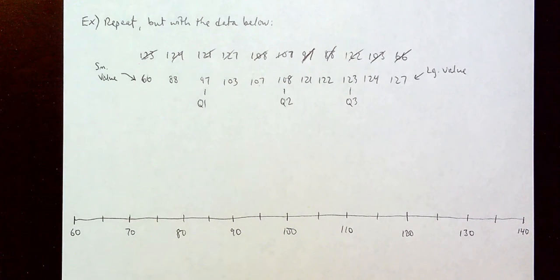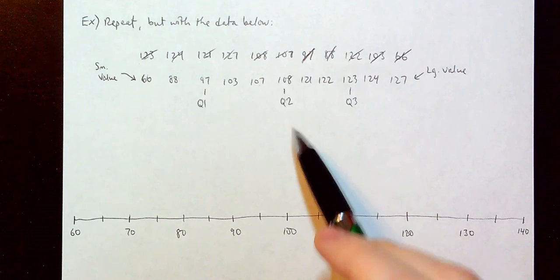Okay, guys. So I have taken our set of data. I've put it in increasing order. I've found the smallest and largest values. I've found the quartiles, and I've set up my real number line here. We had 11 pieces of data, so this makes finding each of our quartiles very nice.